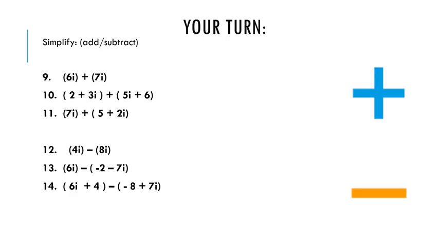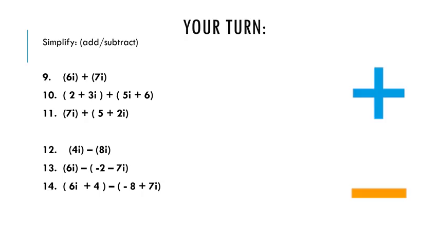So we have 1 times 6i, 6i. Negative 1 times negative 2 is 2. Negative 1 times negative 7 is 7i. All right, what's 6i and 7i? Well, it's 13i. I'm going to put it back here because I want my real piece to go right there. So I have it in standard form.